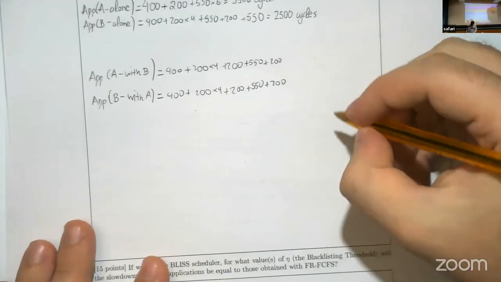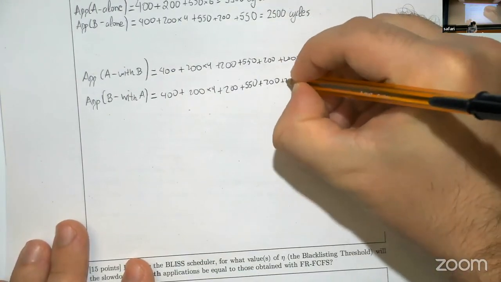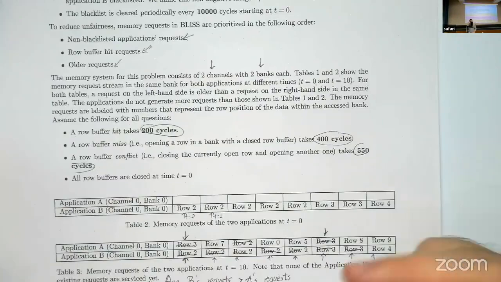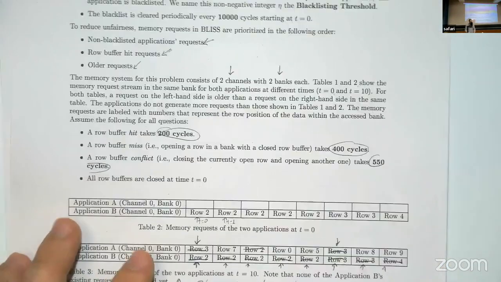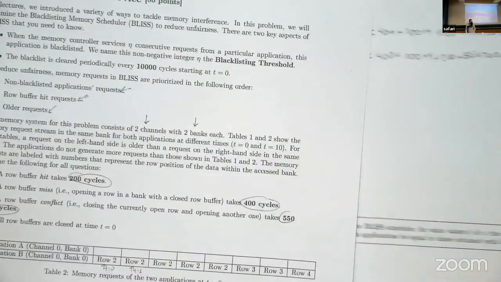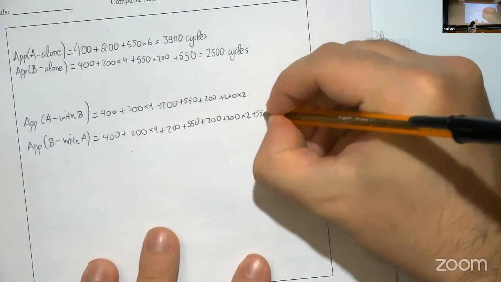So we need to pay for 200 multiplied by 2 plus 200 multiplied by 2. And now it's a final request of application B, which is row 4. We activated, it's a conflict because we had activated row 3 before. And we pay another 550 cycles.